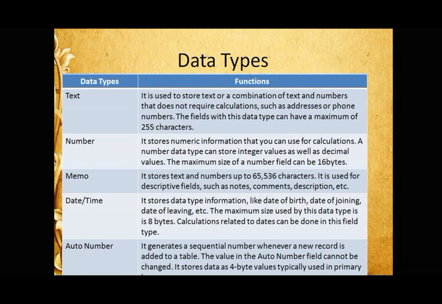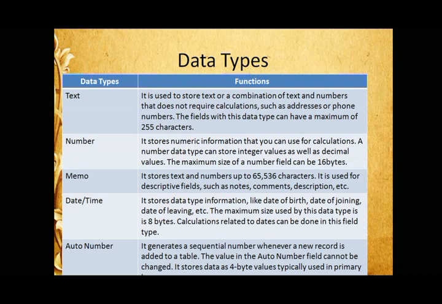Now let's come to memo. What is memo? It stores text and number up to 65,536 characters. It is used for descriptive fields such as notes, comments or description. Like you have to give a column for writing your own comment, how you feel while viewing our school, or teachers have to write a comment.